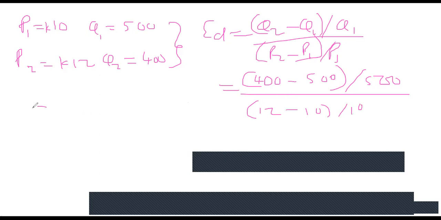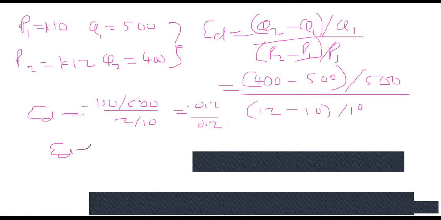So on top, we're going to have 100 over 500, divided by 2 over 10. So here we're going to have 0.2 negative, because this was negative, and 2 over 10 is 0.2. So in this case, our elasticity of demand will be negative 1. If it's exactly 1, we call that unit elastic. It is unitary.